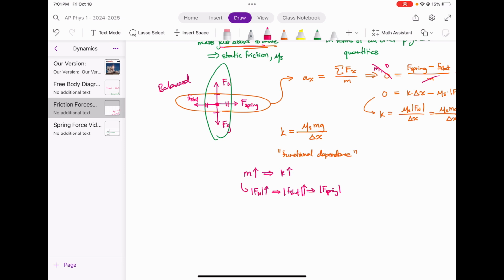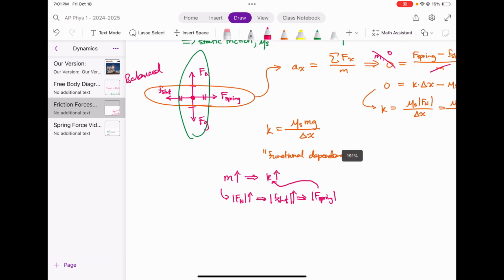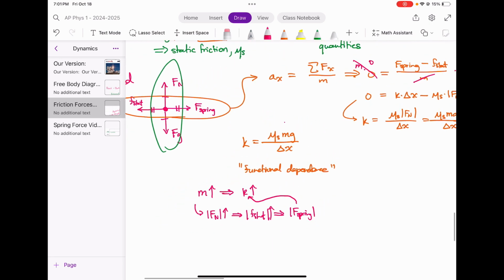And so the only way for that to happen, if delta x is constant, the stretch length is constant, is for this to increase. Right, so this functional dependence is a little bit more complicated because we have sort of three quantities that can all change, and it's a little hard to visualize how they can change. But anyway, this is the relationship.